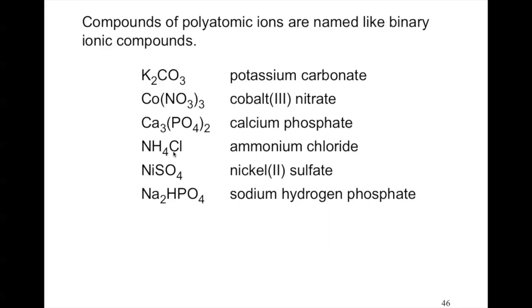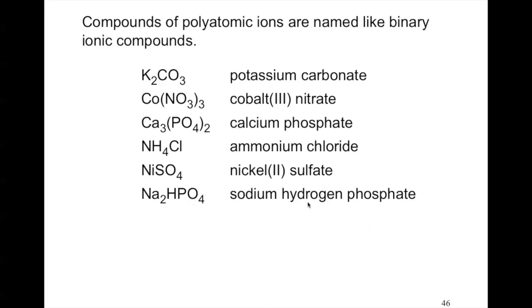Then we name all the others in the same way. You just have to memorize your polyatomic ions. In the last example, sodium hydrogen phosphate, the hydrogen phosphate is a polyatomic ion that has the formula HPO4 2-. And as a consequence, we need 2 sodium +1 ions to counterbalance that charge.